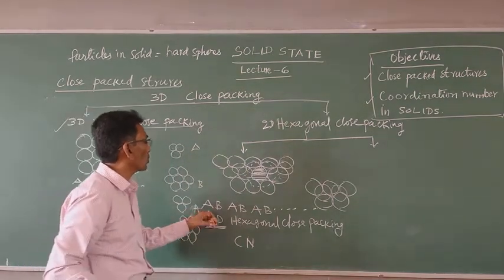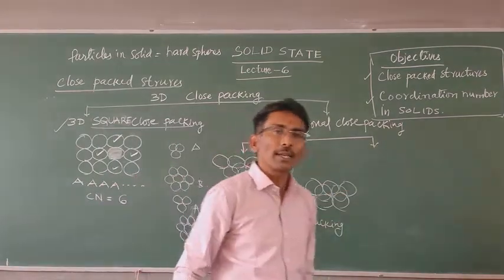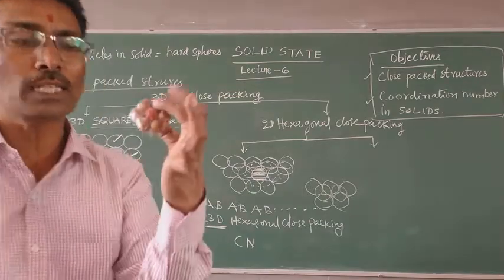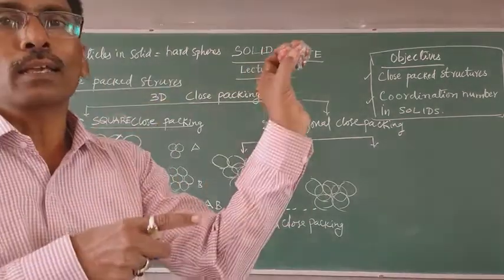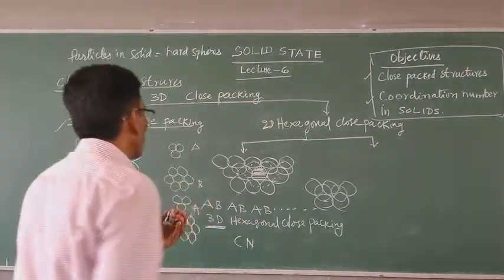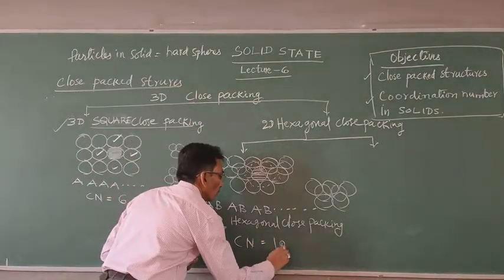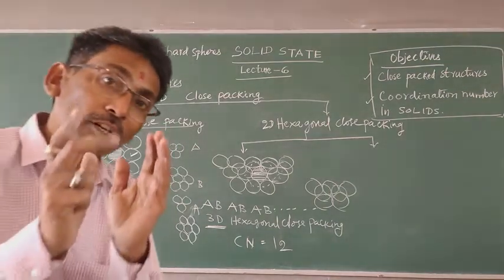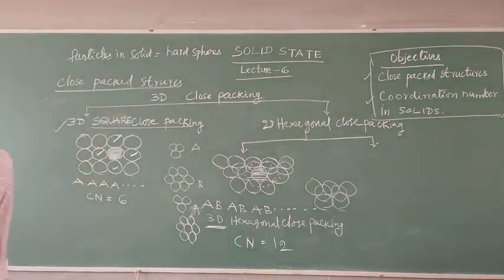Such an arrangement is called AB 3-dimensional arrangement. And the coordination number: 6 within the layer, 3 in an adjacent layer, 3 in another adjacent layer, below and above. So the answer is 12. I hope you followed this one. It is a little bit dry area, better to follow, my dear.